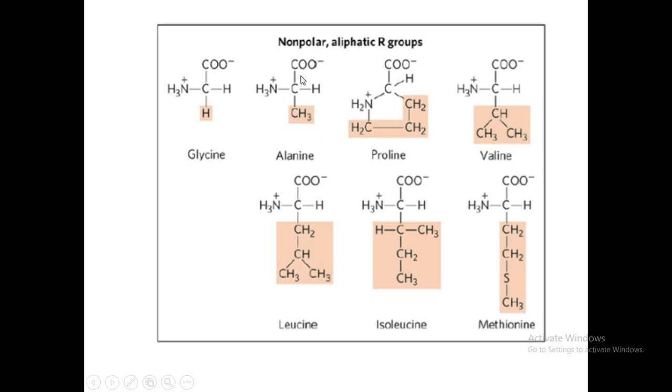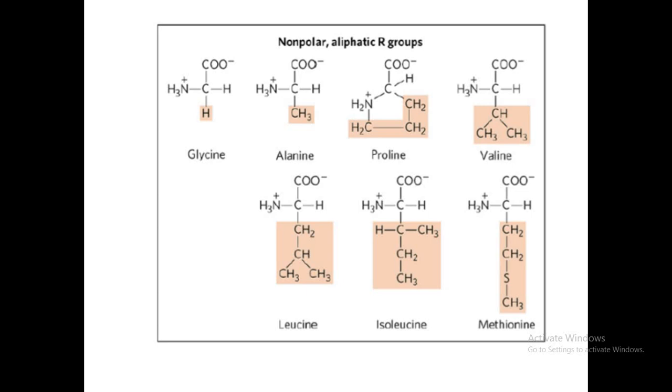So these are the non-polar amino acids, and especially among them, alanine, valine, isoleucine and leucine, due to their inability to bond with water, or due to their hydrophobic nature, are found buried inside the polypeptide chain or inside the protein.